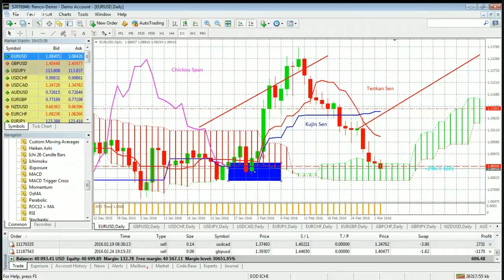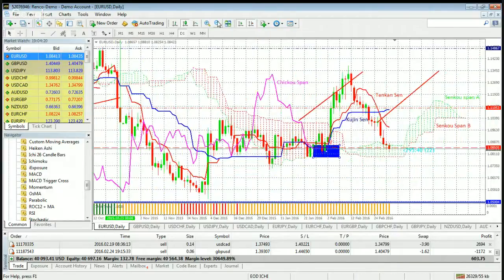Okay, so bullish or bearish? Well, technically we're sitting in consolidation. Well done, William. Thanks for that.